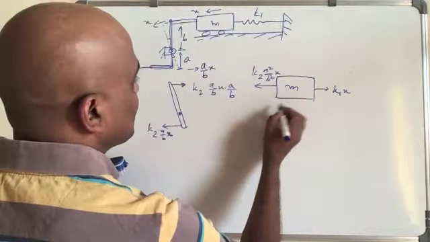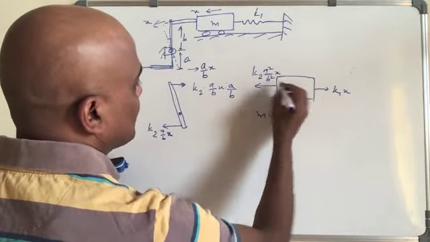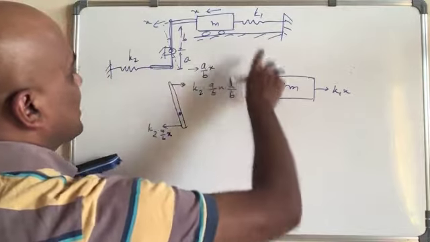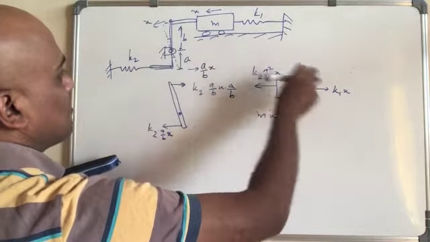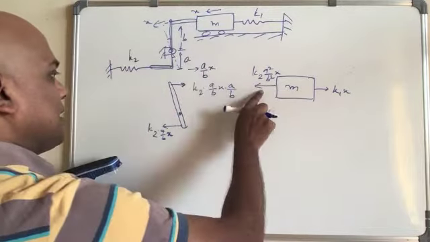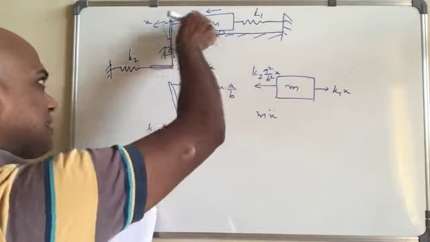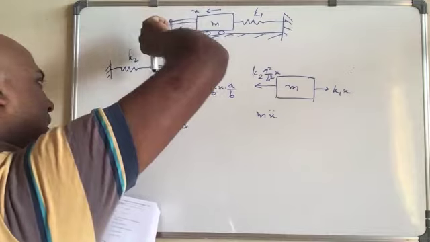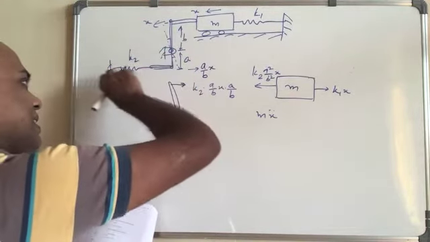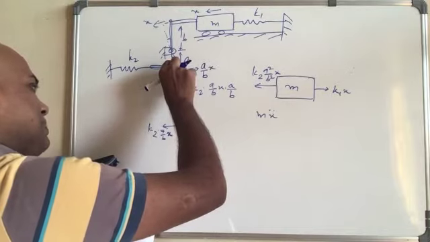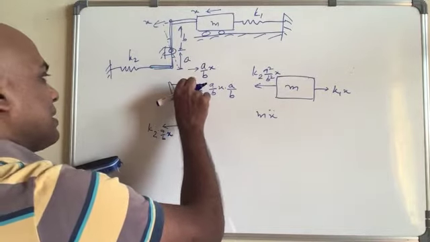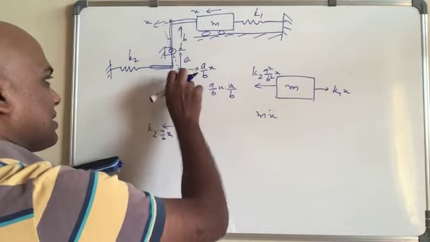So the equation becomes m x double dot, and okay. In this case, this will be pulling like this one, and this pulls this way. If this pulls this way, here it will be opposite, right?